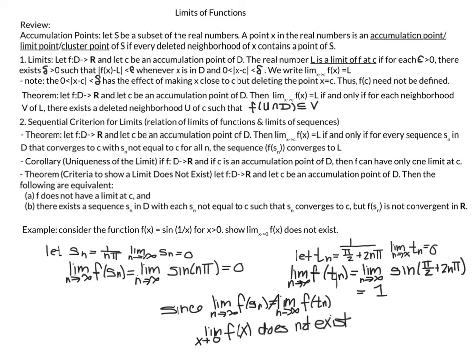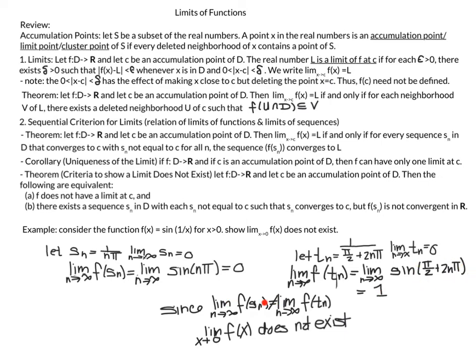And then I looked at the limit of f of Sn, and so this is the limit of sine of n over pi, right, which is equal to 0. I compared that to Tn, which is another sequence whose limit is equal to 0, but the limit of f of Tn is equal to 1.